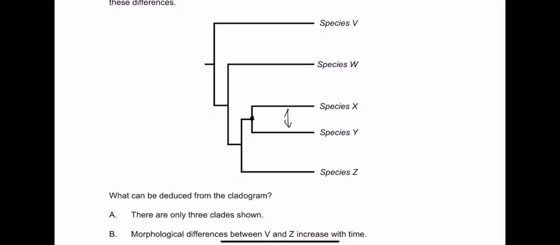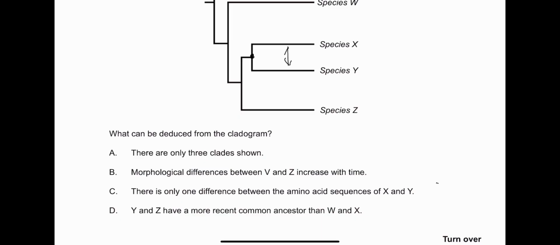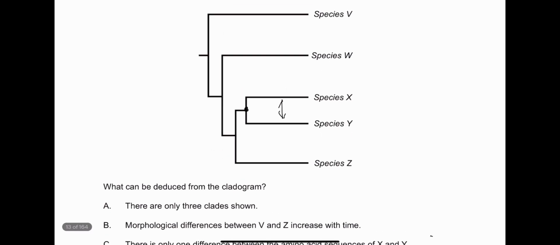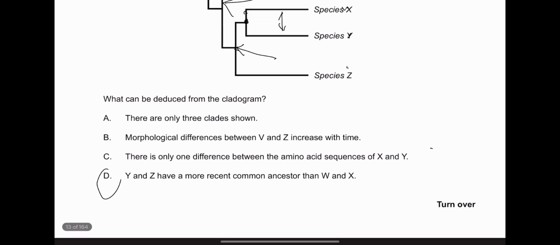It doesn't mean there's only 1 amino acid sequence difference. That's not what it's showing here. Y and Z have a more recent common ancestor than W and X. So Y and Z's ancestor is here, and W and X's ancestor is here. So yeah, that's true.